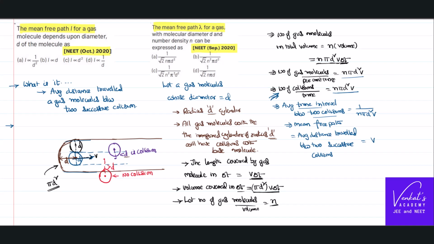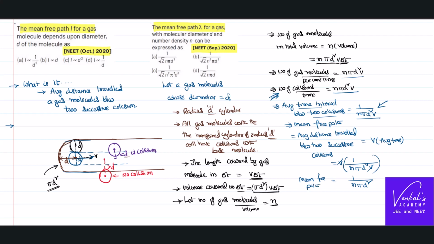So velocity into time is nothing but the average time that we have already derived. So velocity into average time interval between two successive collisions, I have derived it as 1/n pi d square v. So this v and v will cancel. This is 1/n pi d square. That is what we are expected to calculate in this case, mean free path.